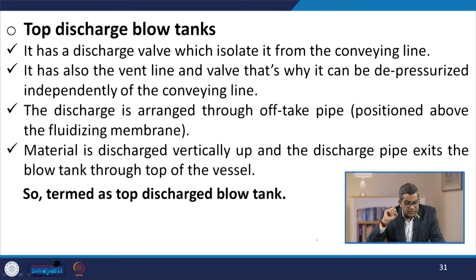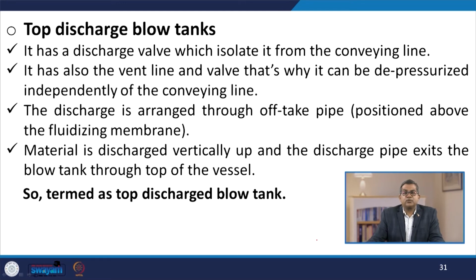Let us talk about the top discharge blow tanks. It has a discharge valve which isolates it from the conveying line. It also has a vent line and valve, which is why it can be depressurized independently of the conveying line. The discharge is arranged through an offtake pipe positioned above the fluidizing membrane.